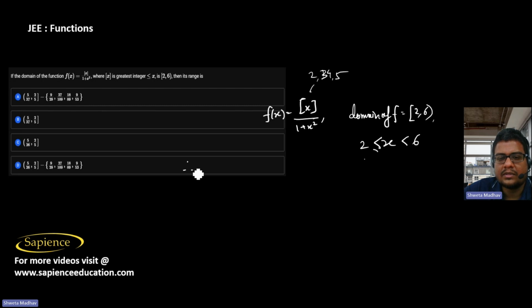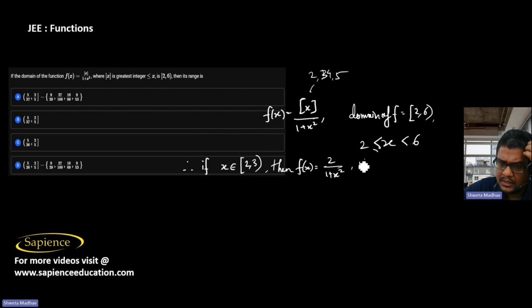So therefore if x belongs to, suppose, 2 to 3, then what will happen? Then the function f of x will be equal to 2 by 1 plus x square. And here, for 1 plus x square, if we increase the value of x, the 1 plus x square value will also increase.